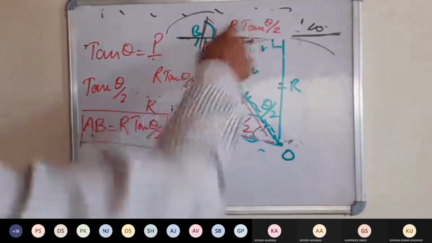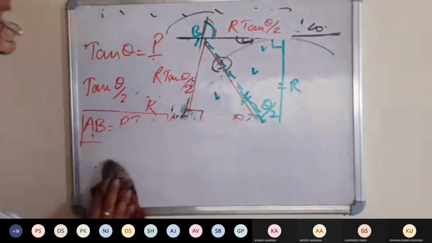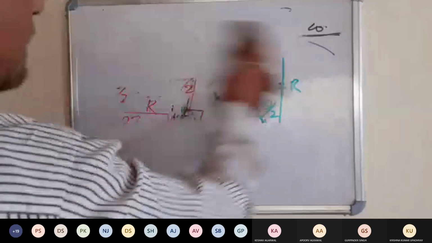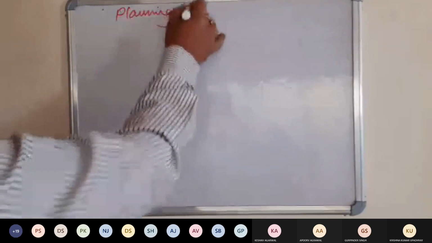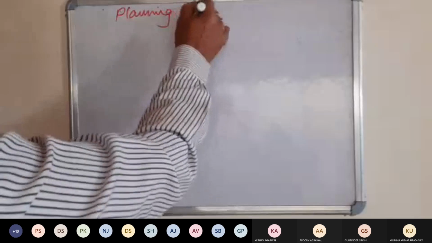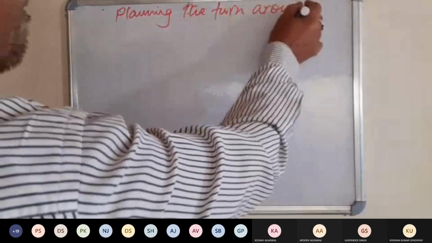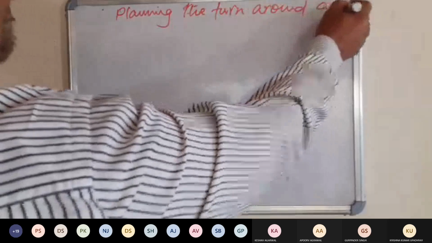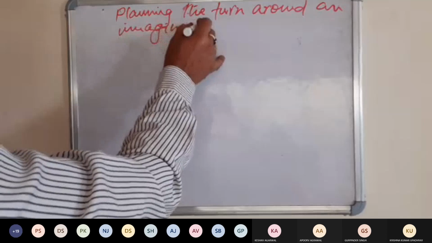Why did we do this R tan theta by 2? It is to approach the second question: planning the turn around an imaginary point.